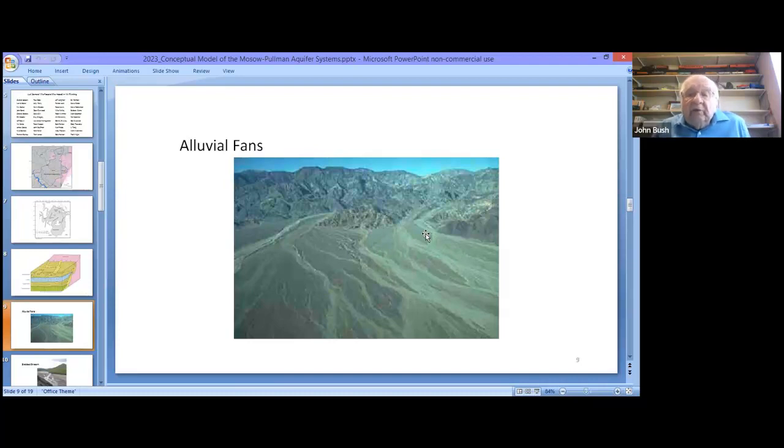Alluvial fans form when there is too much sediment in the surface water, and as they reach a sudden change in base level, in other words, when they come out of high gradient areas into low gradient areas, they drop those sediments to form the alluvial fans. Those alluvial fans have many channels. So the idea here is that the water is getting into the system up in the mountains and getting into the subsurface through alluvial fans.